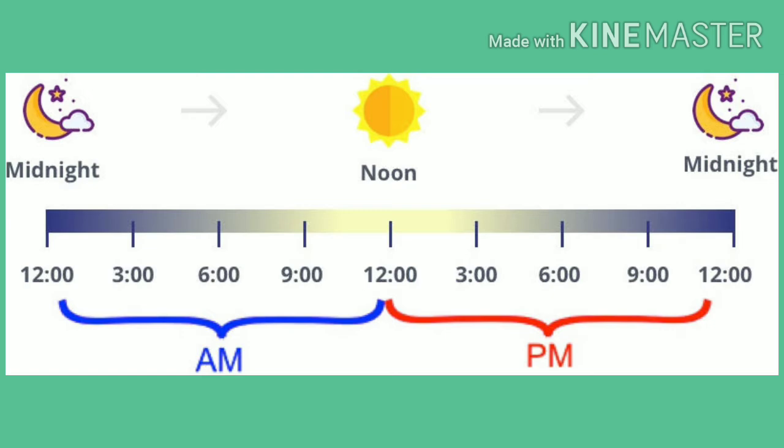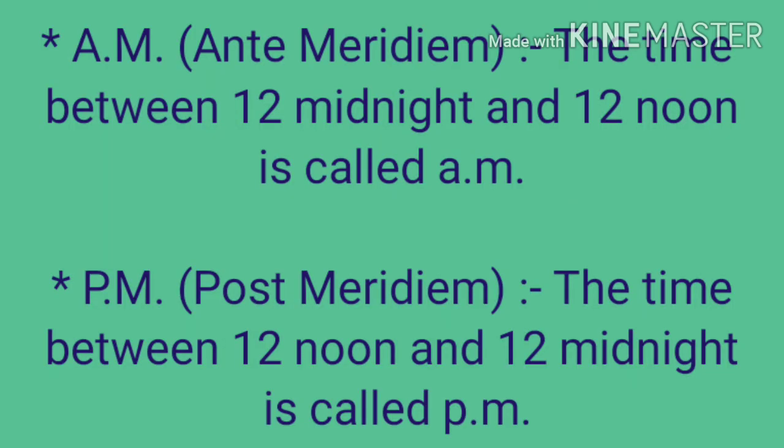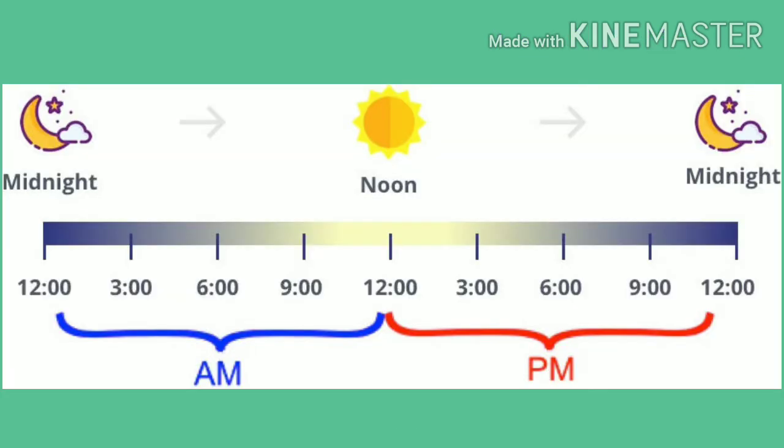It means the time between 12 midnight and 12 noon is called AM, that is ante-meridiem, and the time between 12 noon and 12 midnight is called PM, post-meridiem. So note this down in your notebook. Also draw this chart in your notebook.